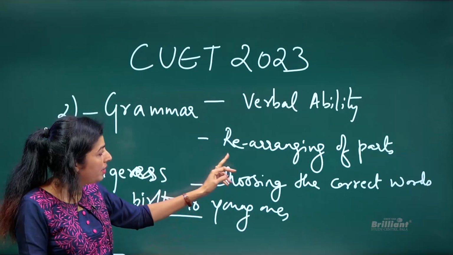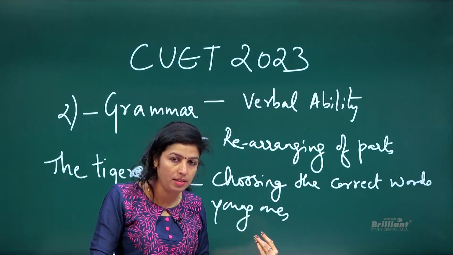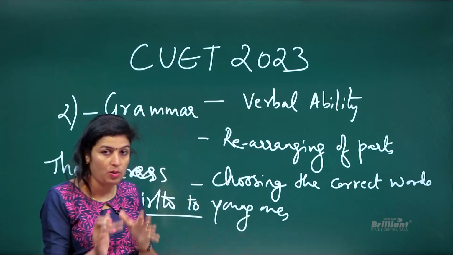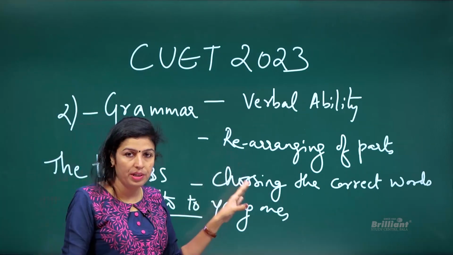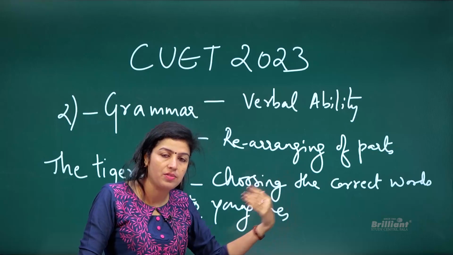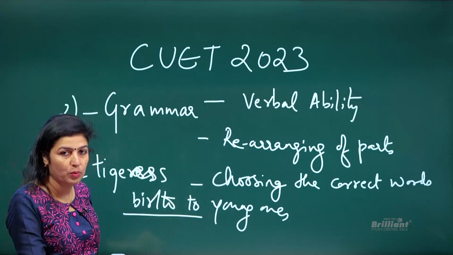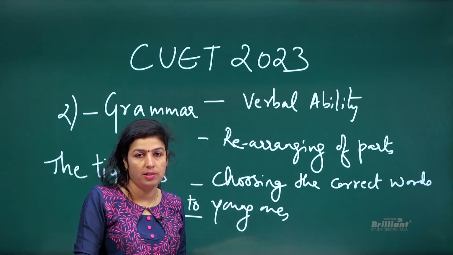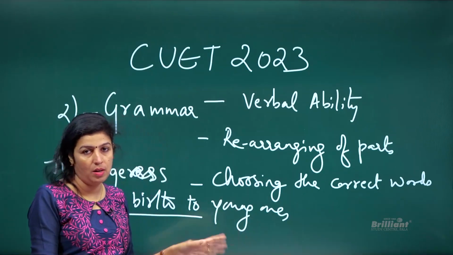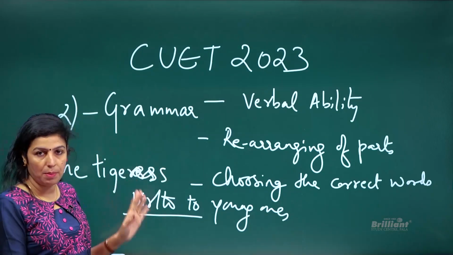Okay, and then rearranging of parts of sentences, those parts might have been underlined, and when you rearrange it, choosing one from the given options, automatically the structure will be rearranged and the sentence will be grammatically correct. Okay. Then choosing the correct words, it could be a preposition, conjunctions, pronouns, nouns, etc. Okay, so these things come under grammar topics.